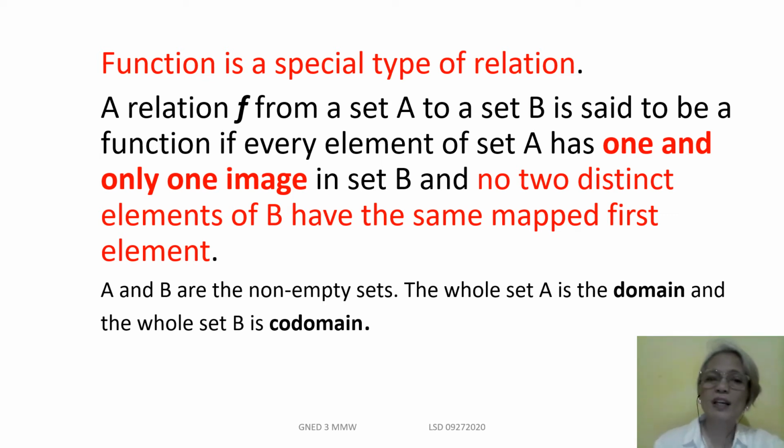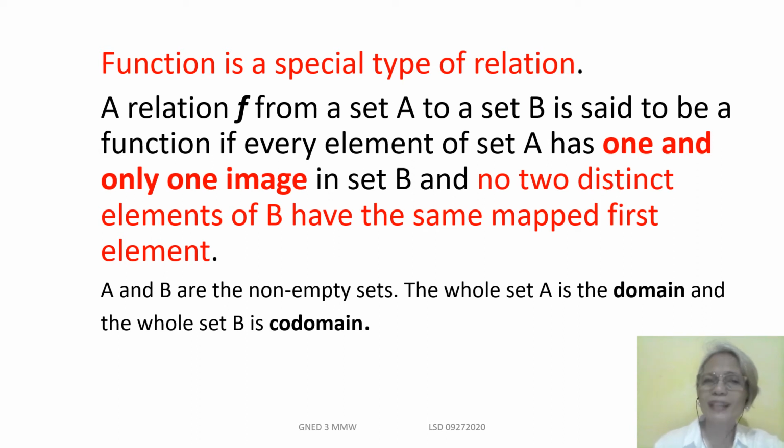So a function is a relation f from a set A to a set B if every element of set A has one and only one image in set B. As I mentioned earlier, A is the person and B is the birth date. There is only one image, only one birthday.